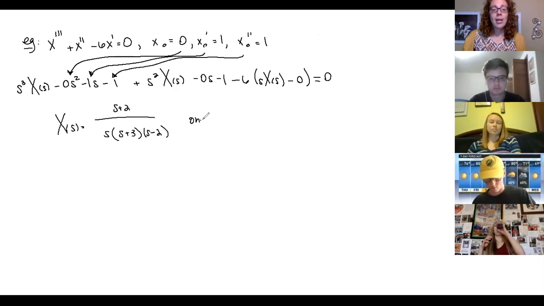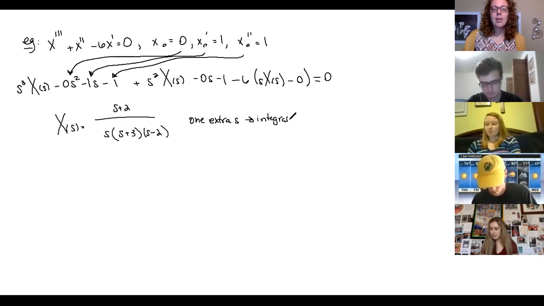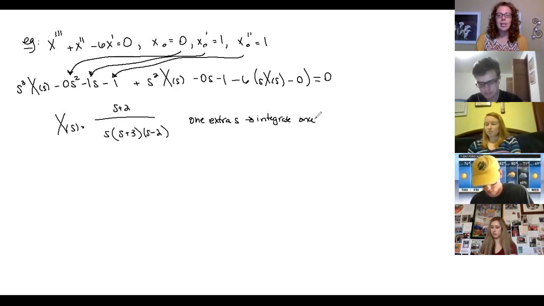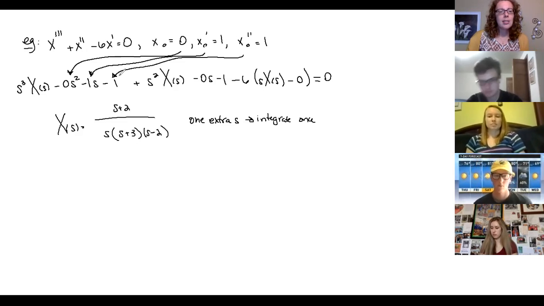We have one extra S, and so therefore we're going to integrate once. I could do this with 3 partial fractions pieces, but I'd like to reinforce what we talked about yesterday.